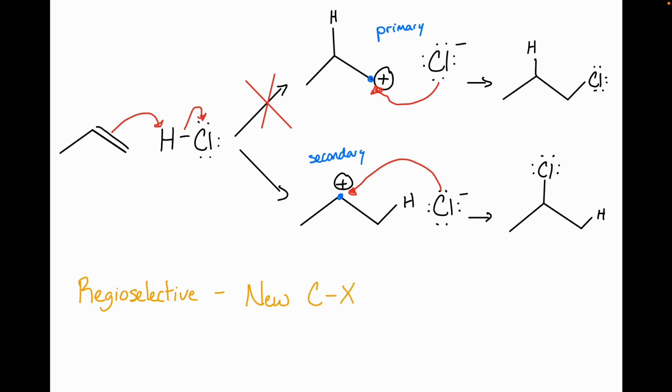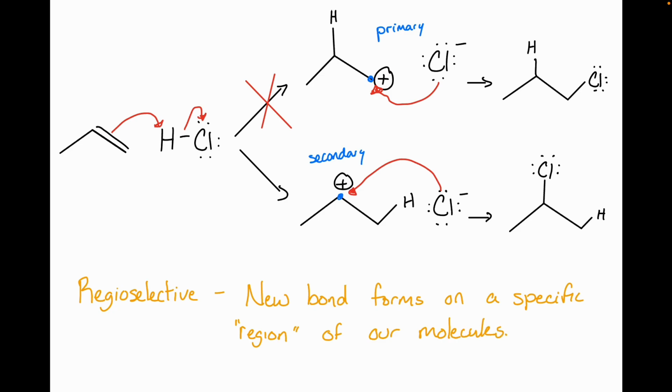We get our new carbon-halogen bond, we'll just say our new bond, on a very specific region of our molecule. All right, so this reaction is selective as to where that chlorine gets placed. We call those types of reactions a regioselective reaction.